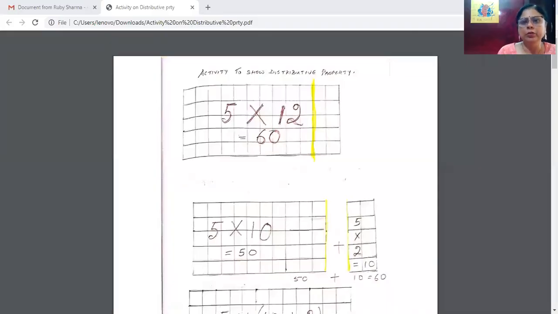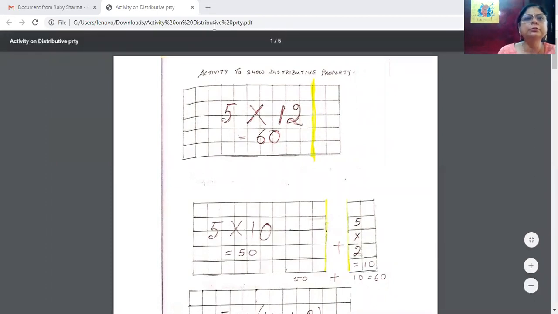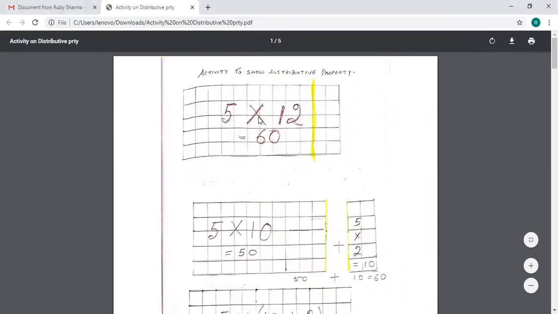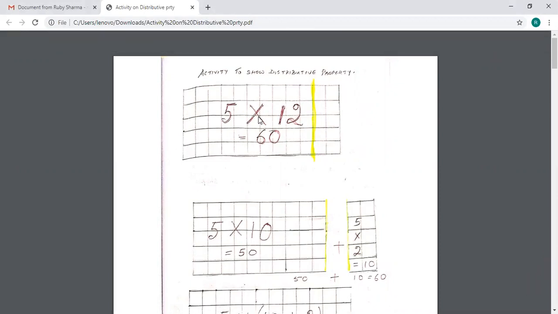Now this is an activity to show distributive property. Now can you see the squares here? I have drawn a 12 centimeter line, see here, horizontally like this, 12 centimeter, and 5 centimeter vertically.